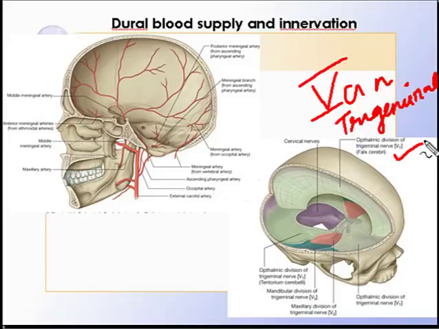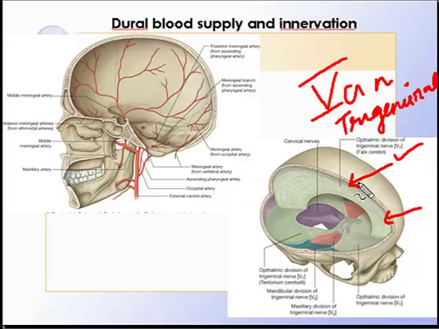So if there is any problem in the supratentorial part, for example a stretching of the supratentorial part because of meningitis or intracranial injury, or there's a rise in intracranial pressure, the patient feels violent headaches, and usually this is seen in the frontal and the parietal regions of the head.